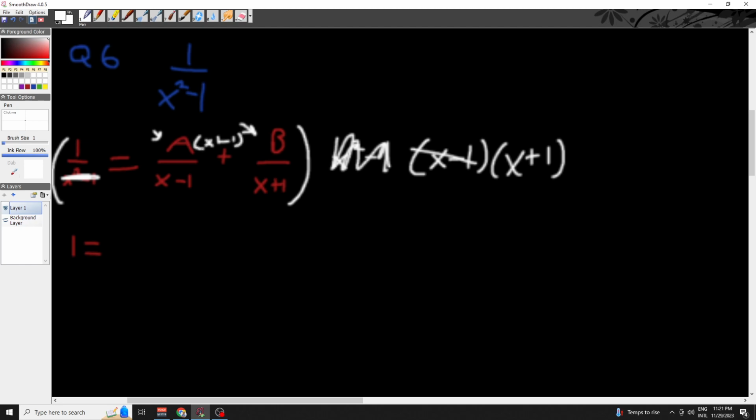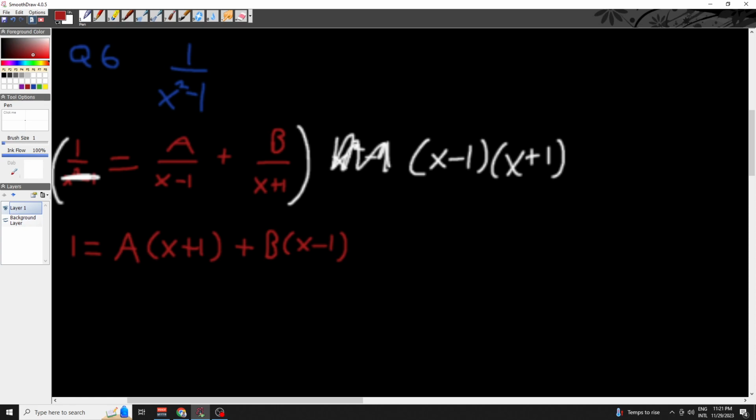And then for b, it'd cancel out the x plus 1 and leave x minus 1 on top. So I'm going to undo that real quickly. So now we have, in red, 1 is equal to a, x plus 1, because x minus 1 got canceled out, plus b, x minus 1, because this x plus 1 got canceled out.